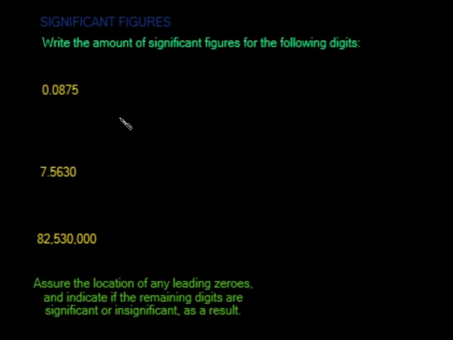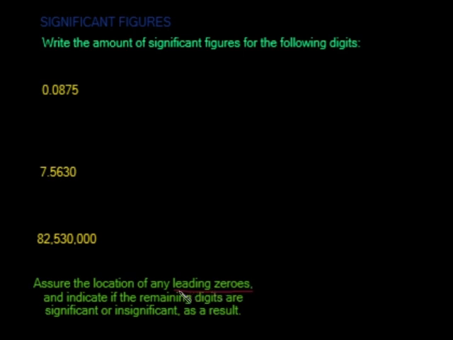Now that we've gone through that, I want to look at the instructions and see what the process indicates and how I need to go about solving these significant figures and counting them. It says here: assure the location of any leading zeros. So I want to underline that. Leading zeros.